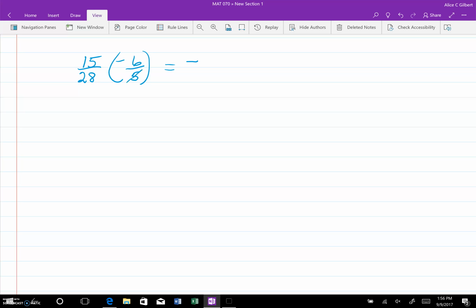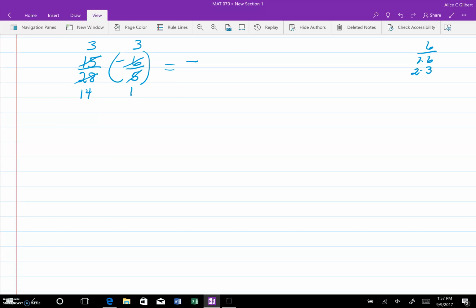Let's see. 5 can go into itself once and 5 can go into 15 3 times. 6 can't go into 28, but 1 and 6, 2 and 3. 3 can't go into 28, but 2 can. So 2 can go into 6 3 times, and 2 can go into 28 14 times.